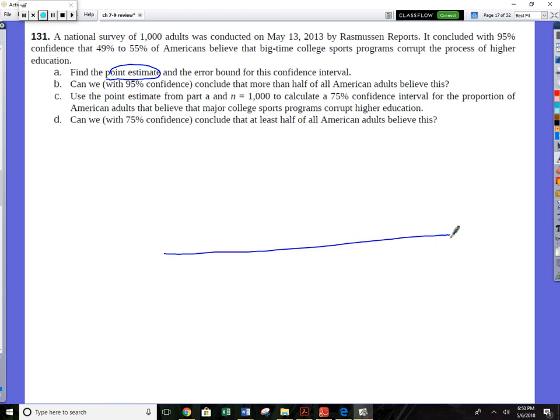So 49 to 55. Okay, so anywhere in that window here. That's our point estimate. What's the one right in the middle? What's the mean?